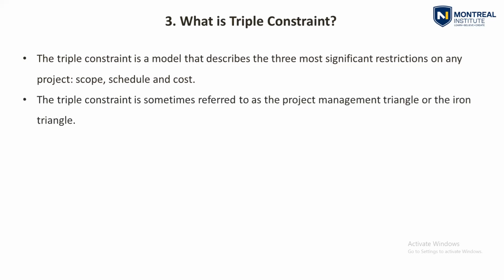The triple constraint is sometimes referred to as the project management triangle or the iron triangle. So most people will use this triple constraint as the project management triangle or the iron triangle.